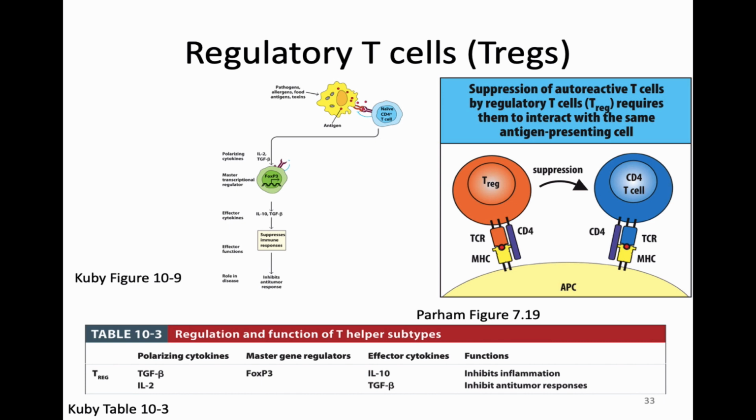This may be because of these inhibitory cytokines like IL-10 and TGF-beta, although there are a few different ways that regulatory T cells can act. And you can imagine the importance of these in protecting against autoreactivity and autoimmunity, as well as protecting against a lot of pathologies that we may see with the immune system.